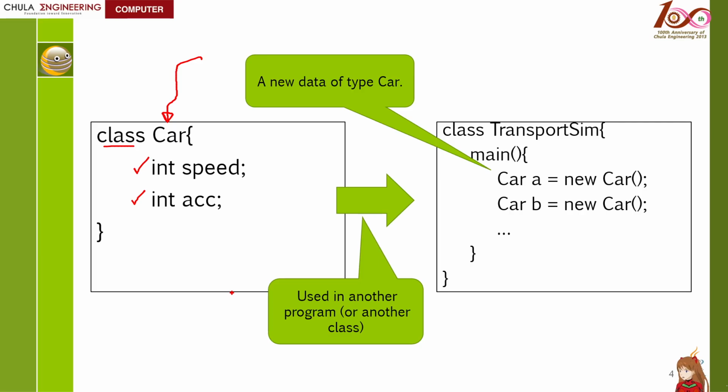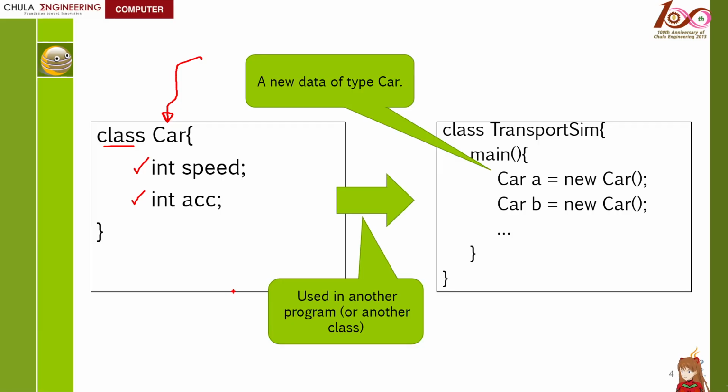All right, for now, in this example, I create class Car, which is going to be a template of all my cars. Okay? And each car, as defined by class Car, contains speed and acceleration. Right.